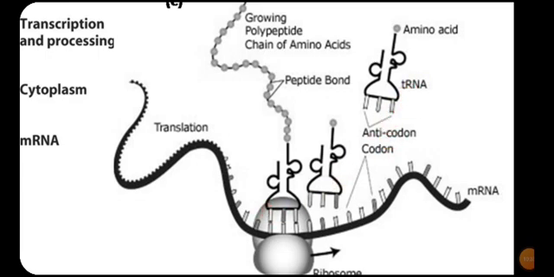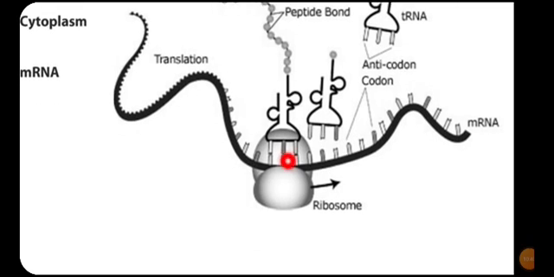So whatever is the sequence of the codon present here, the complementary tRNA, which has the complementary nitrogenous bases in its anticodon structure, will come and bind here. And each tRNA carries one amino acid. Now in this diagram, what is shown is the growing polypeptide chain.